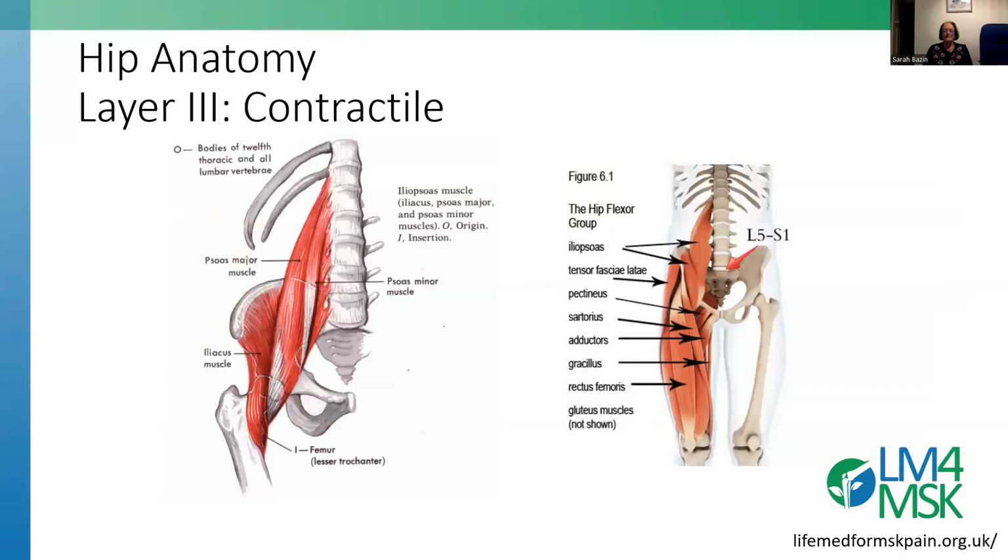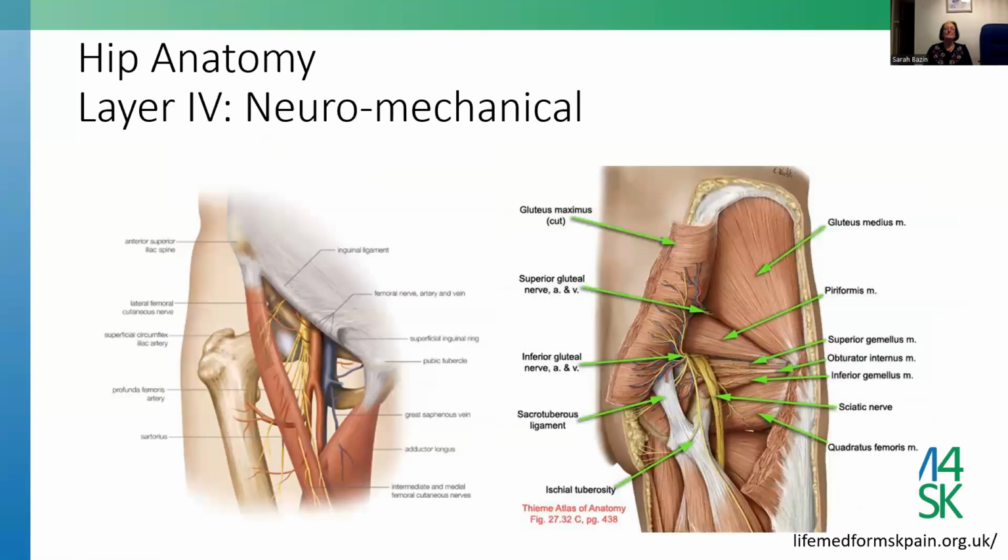There are deeper muscles. The deeper muscles include, in the front, the iliopsoas coming from the spine, going down into the front of the hip and attaching to the lesser trochanter here. And these are the muscles in the thigh which also contribute towards the stability of the hip joint. Some muscles and also the neuroanatomy, because some of the nerves can get pinched between the muscle.